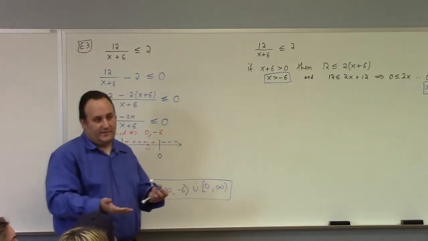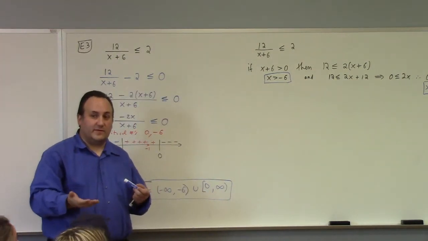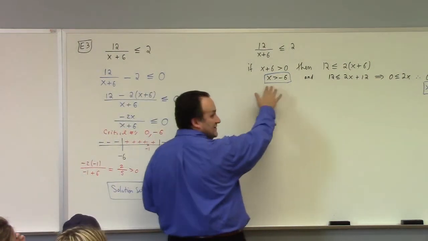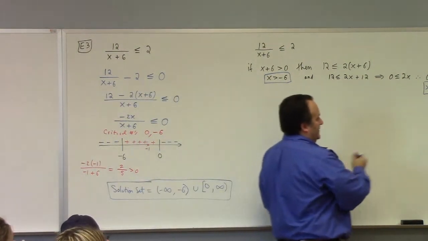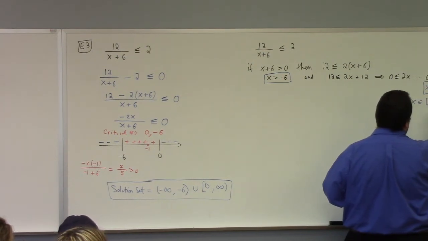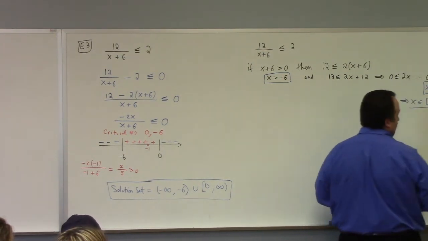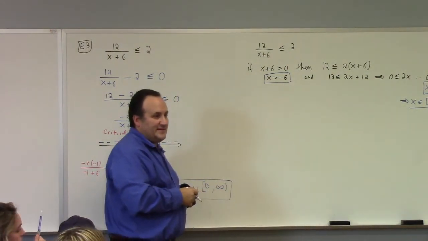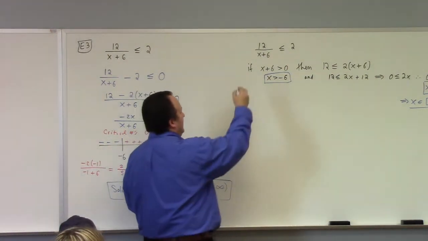I mean, you can, right? If x is greater than or equal to 0, it's greater than minus 6. But this is now irrelevant, right? So this part of the storyline says that x is an element of 0 to infinity, right? And the x greater than minus 6 has got nothing to do with it. So that was case 1.